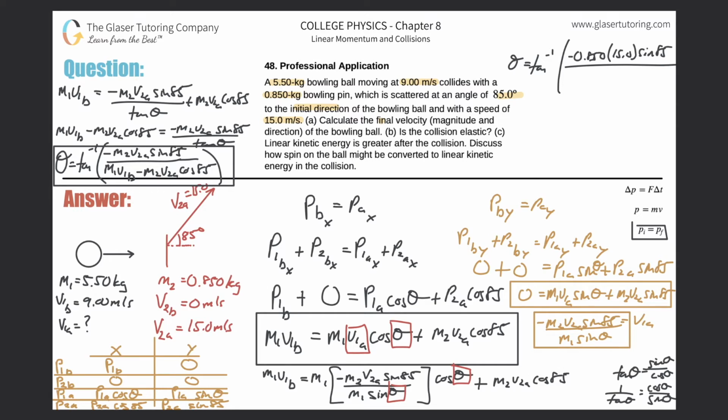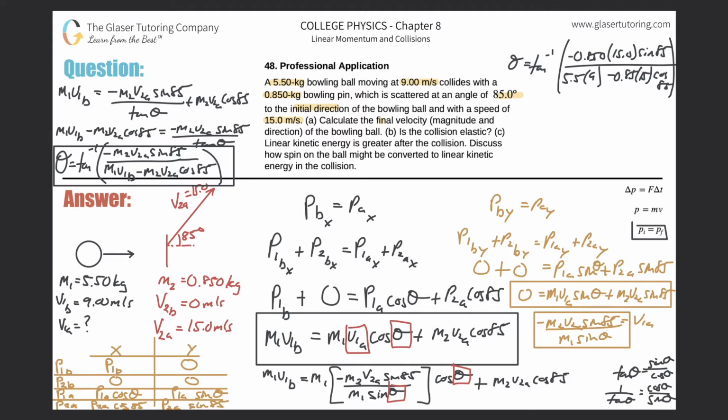And that's all going to be over this whole denominator, m1 v1b, so it's 5.5 times 9, minus this whole term, m2 v2a, so 0.85 times 15, and then cosine of 85.